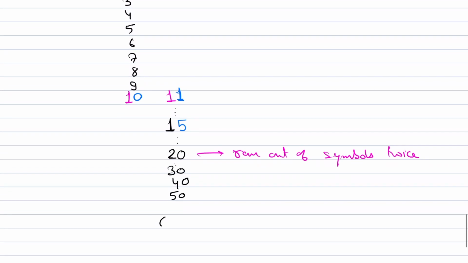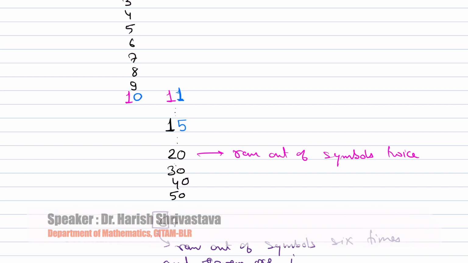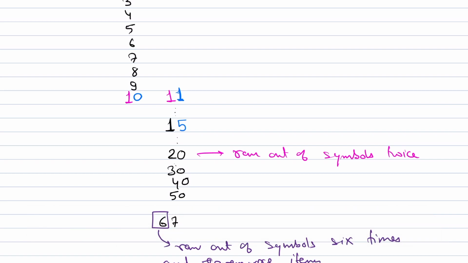Suppose the number is 67, what does it mean? This number represents that I ran out of symbols 6 times, and 7 more items to count beyond that.